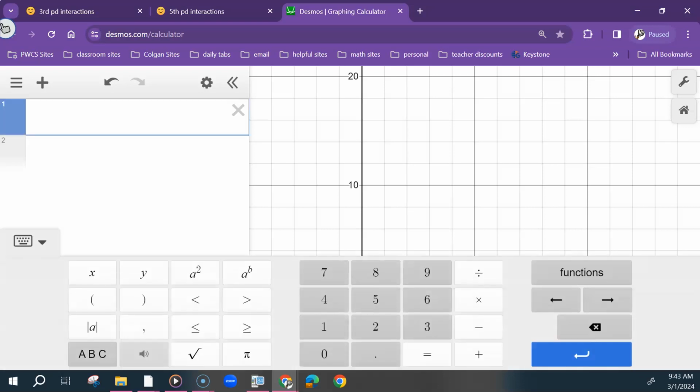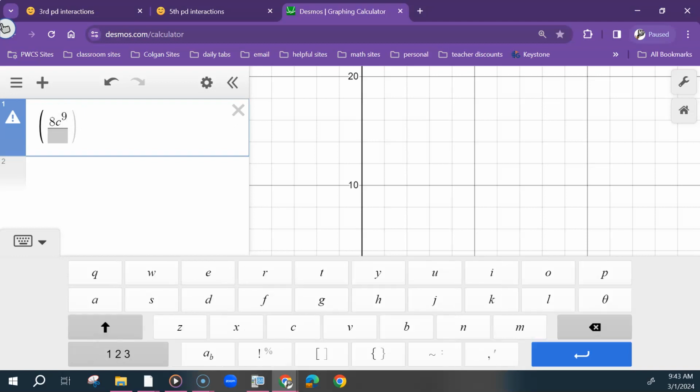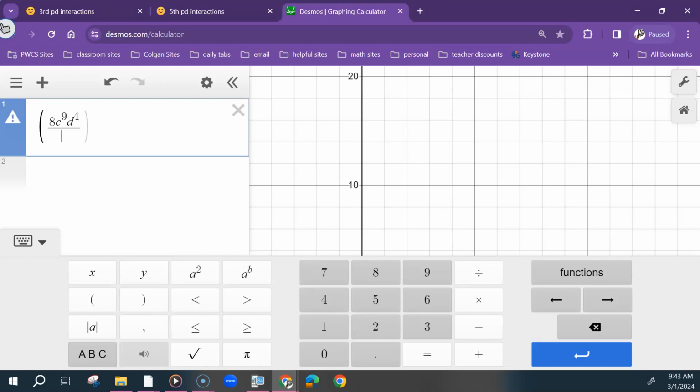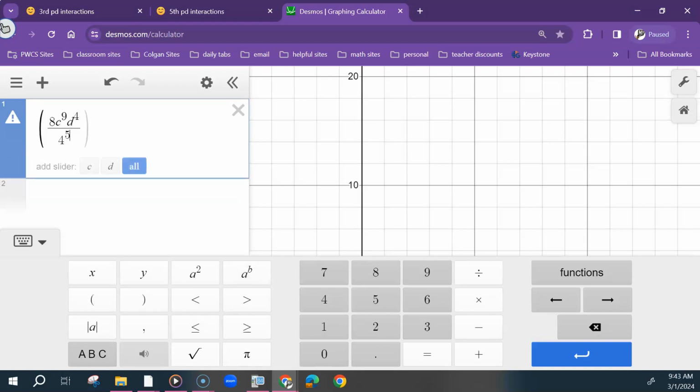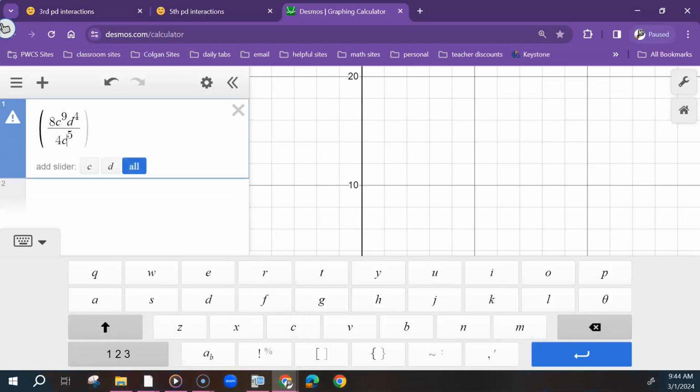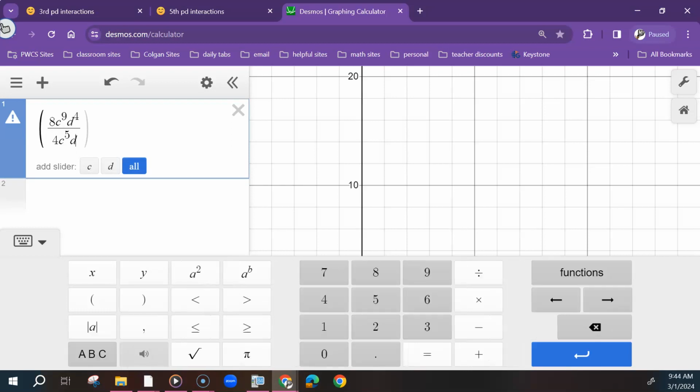I'm going to put it in with all of the variables that we have. It's going to ask you for sliders, add all of them.